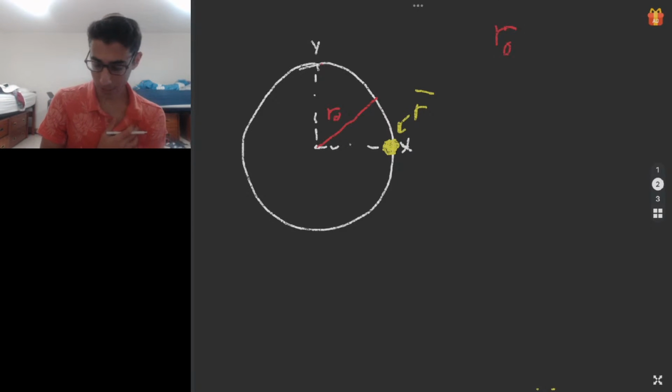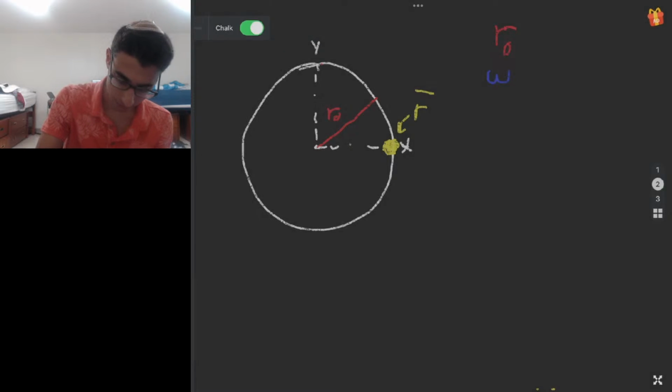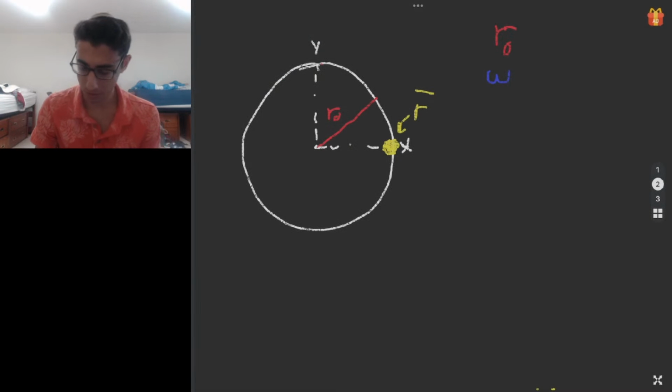So we can actually write an equation for our position, and this is a very universal idea. Imagine it's going around with a fixed angular velocity, and angular velocity is always called omega. So imagine we're given omega as well. We can create a function of our position like this.